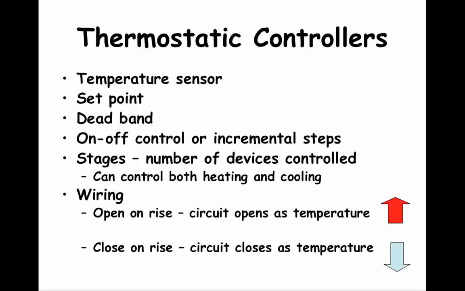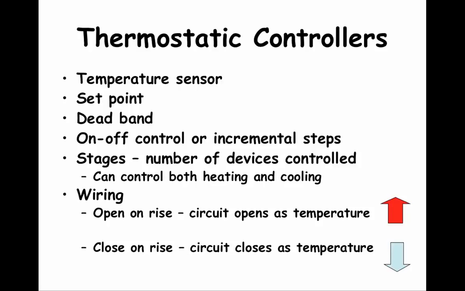Residential thermostats normally have two stages. They can be used to control both the heating system and the cooling system. Many older thermostats could also be used for either heating or cooling, and the way it was determined was by how it was wired on the back of the thermostat. The wording used was "open on rise," which means that the circuit opened as the temperature increases.